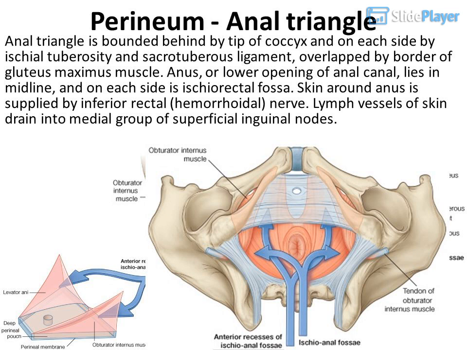The anus, or lower opening of the anal canal, lies in the midline, and on each side is the ischiorectal fossa. The skin around the anus is supplied by the inferior rectal (hemorrhoidal) nerve. Lymph vessels of the skin drain into the medial group of superficial inguinal nodes.